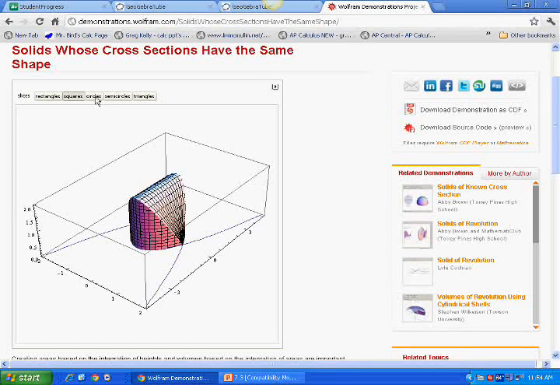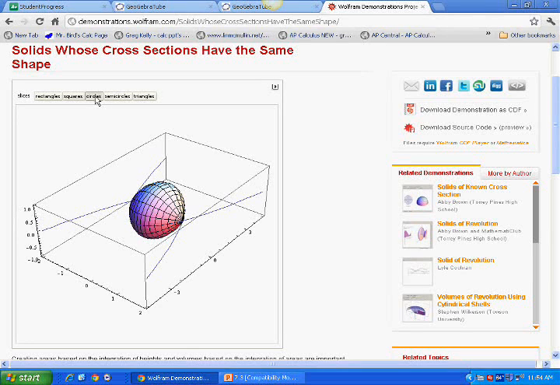Let's look and see what circles look like inside of this. So here are circles. All my slices of bread are each a circle. So pi r squared. So my radius would be half the distance of the top minus the bottom function.